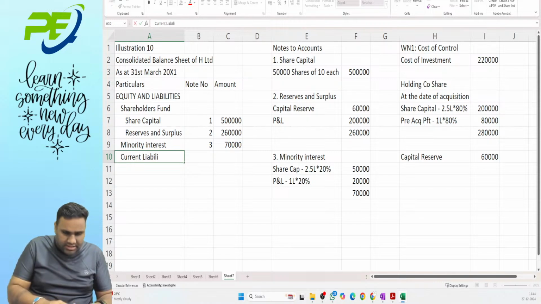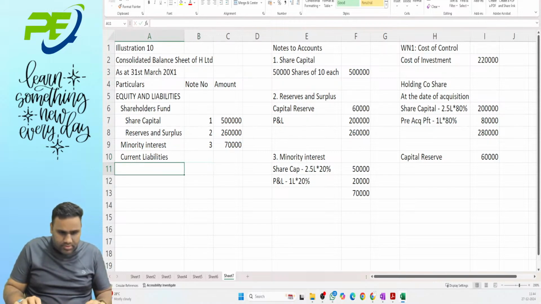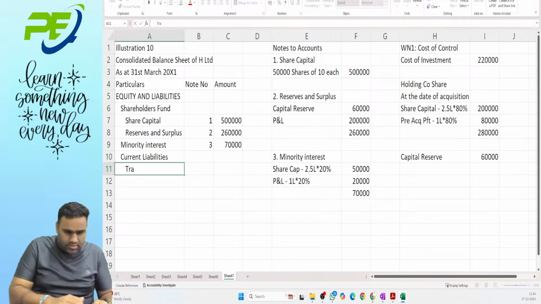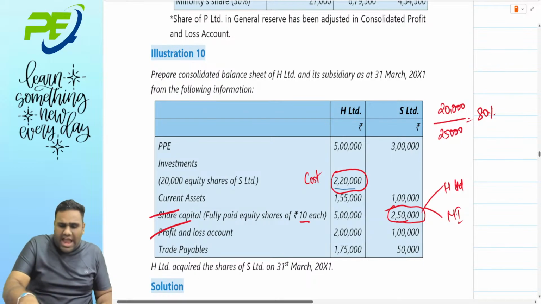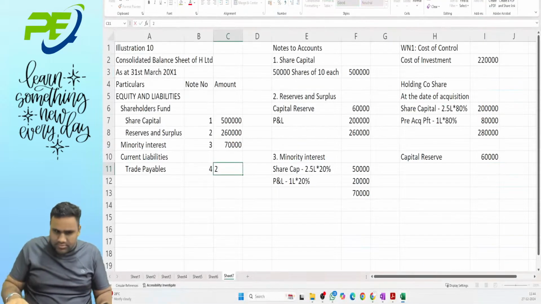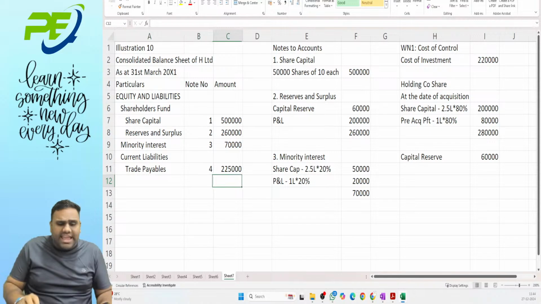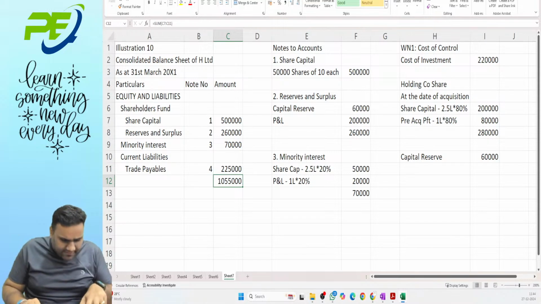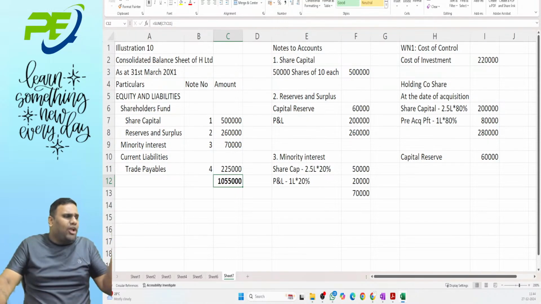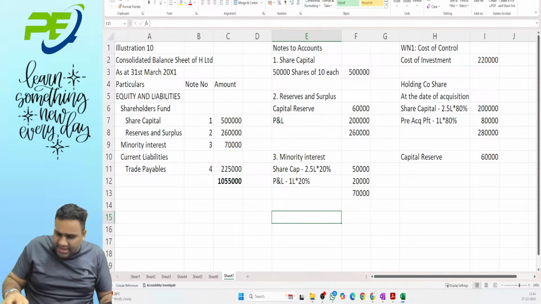After minority interest, current liabilities, note number 4. So add both. The consolidated balance sheet is the addition of holding company and subsidiary company.